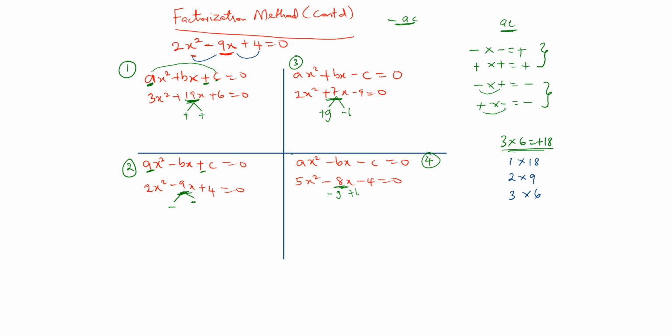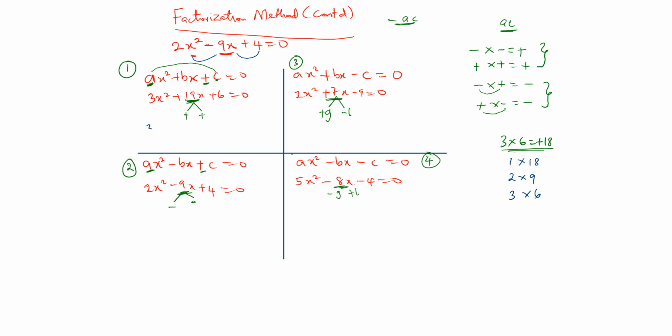Based on the fact that this is also plus, it is going to be plus plus. So which ones can you add together to give you 19? If you add 3 and 6 together, it will give us 9. 2 and 9 together will give us 11. 1 and 18. So we are going to replace 19x with plus 1x plus 18x.